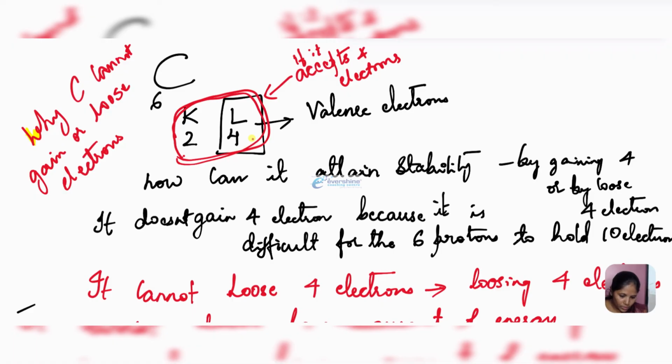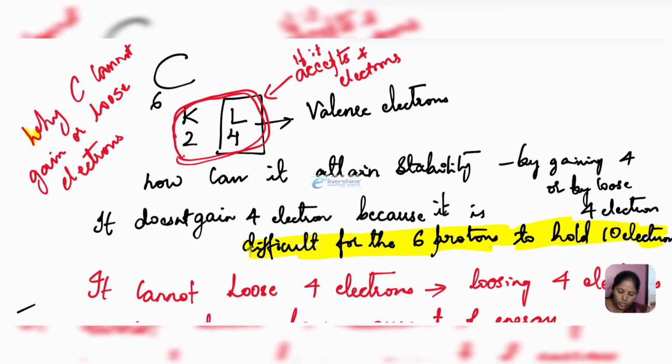If it accepts 4 electrons, the 6 protons present cannot hold the extra 4 electrons. So 6 protons cannot hold 10 electrons. Why it cannot gain, you should write: it is difficult for the 6 protons to hold 10 electrons.